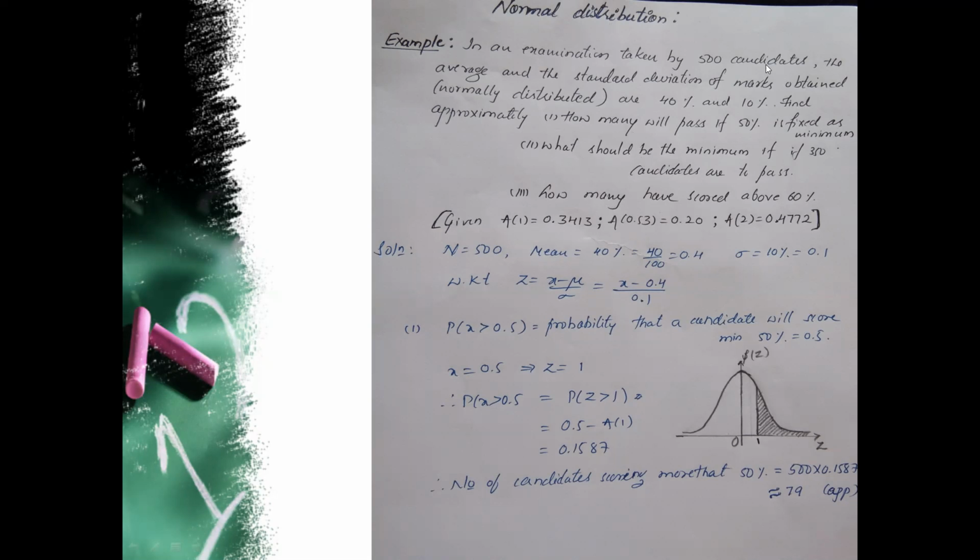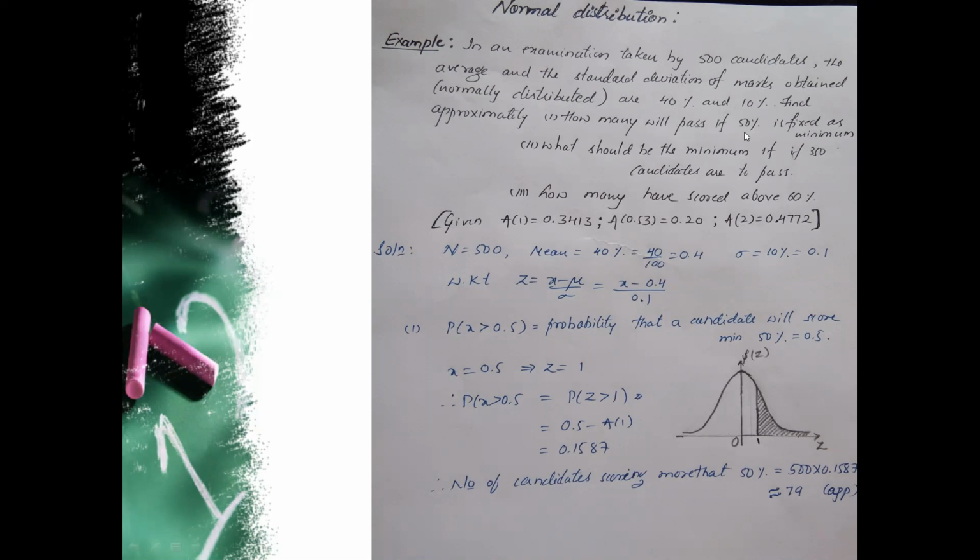There are 500 candidates. The average, that is the mean, is 40%. That means we get mean 40 by 100, which is 0.4, and the standard deviation is 10%, which means we get 0.1. Now what we want is how many will pass if 50% is fixed as a minimum.